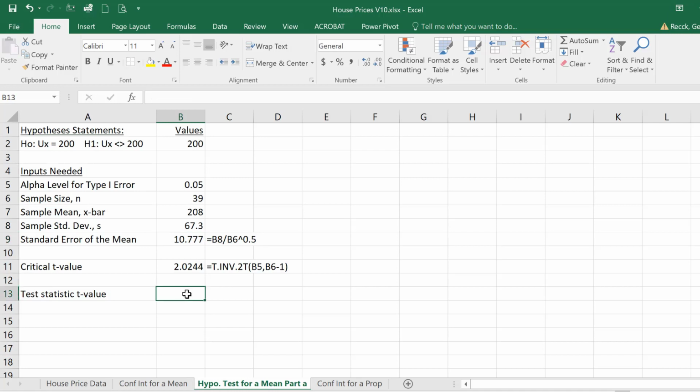So here the formula would be equal to our 208, don't forget the parentheses, minus the 200, which is simply 8, numbers work out pretty nicely, divided by our standard error of the mean. Again, when we're dealing with a sample size of 39, it's not just the standard deviation, it's a standard error of the mean. And I can check that down to, don't need quite so many, maybe 3 is good.